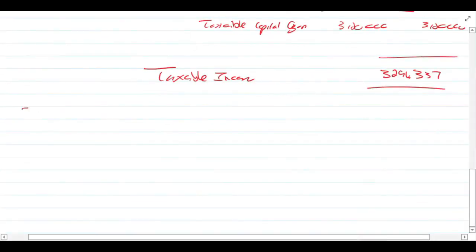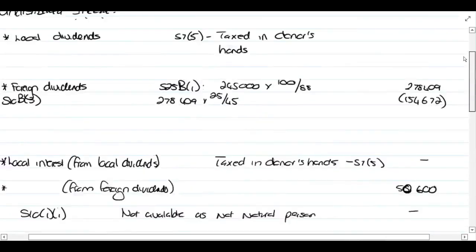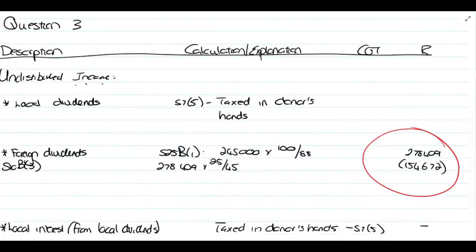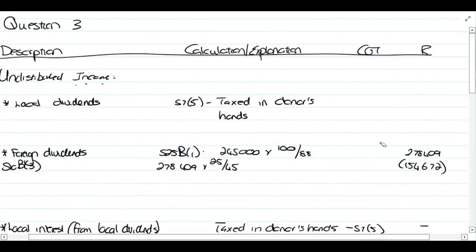Right, the trust, so tax at 45%. It's 1,482,452. Important there, write down the percentage. Now, these foreign dividends over here include tax, right?